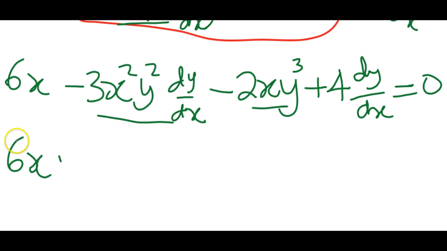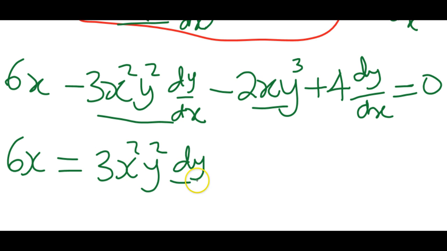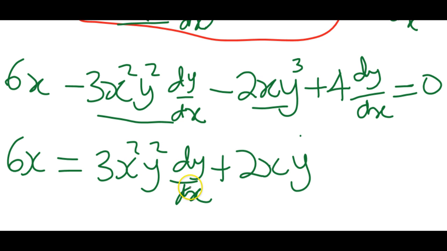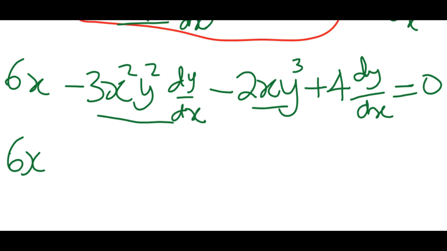So I have 6x is equal to 3x squared y squared dy/dx plus... no, I think there's a slight mistake here, sorry for this also. This one has no dy/dx, so I can keep that as minus 2xy cubed.